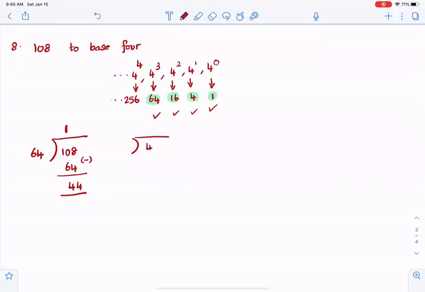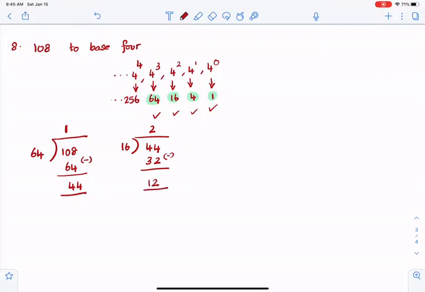The next step is to take that 44, which is the remainder, and divide by the next digit value, which is 16. 16 times 2 is 32. Subtract, I will get 12.